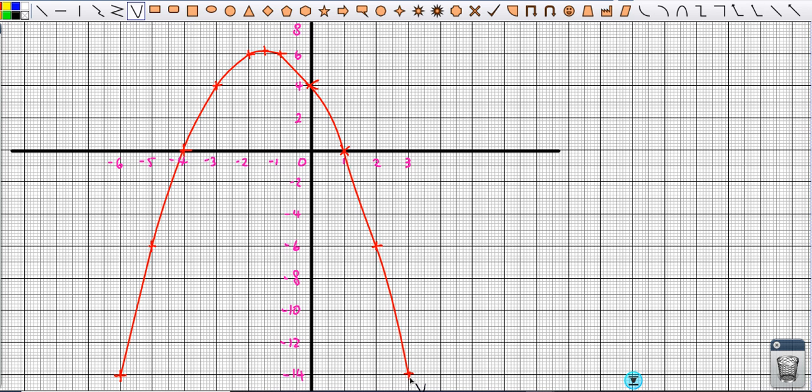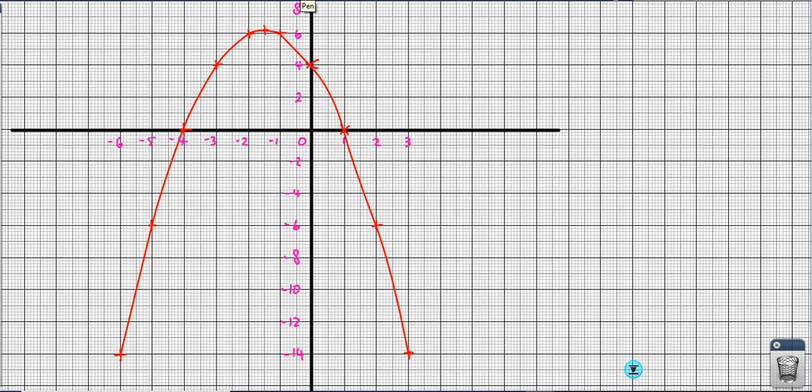There is our curve. Okay, you have to be very smooth because otherwise your answers won't be that good. So, okay, let us now answer our questions.